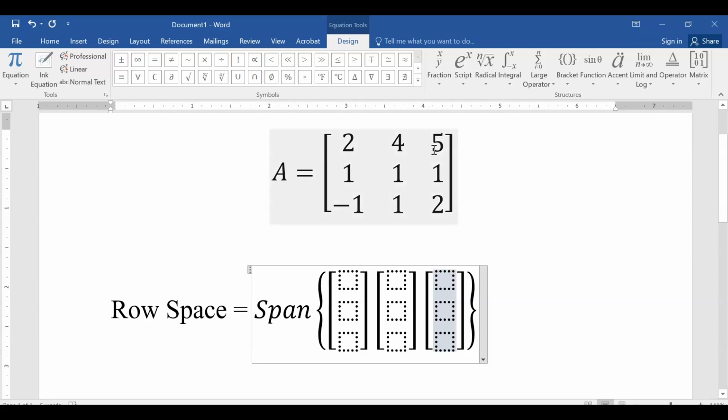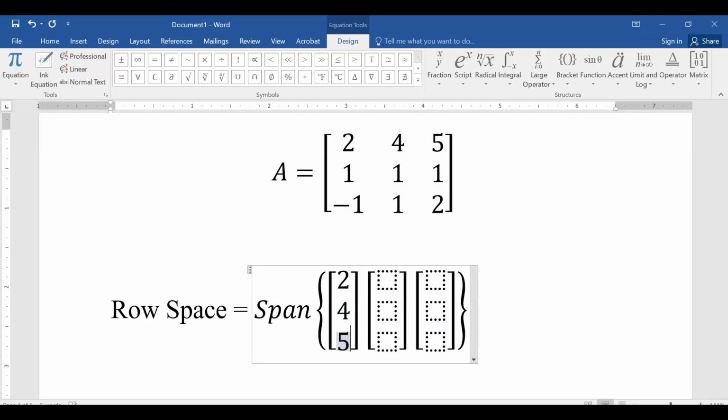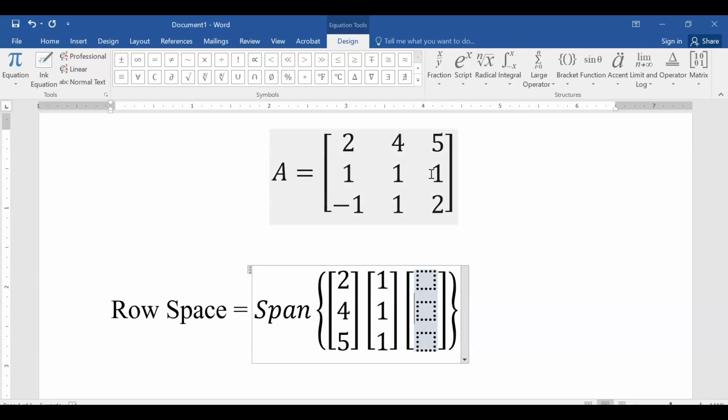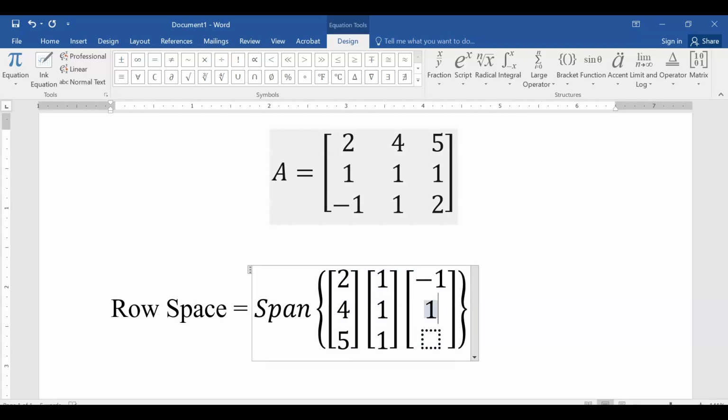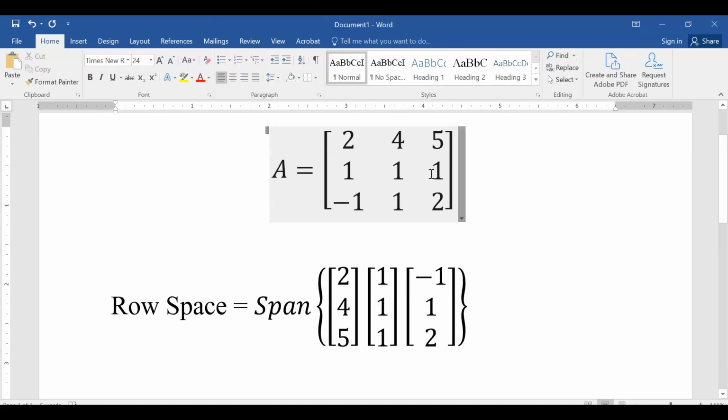So row 1 is going to be 2, 4, 5. Again, you could write that horizontally as well if you'd like. Row 2 is 1, 1, 1. And row 3 is negative 1, 1, 2. Again, that's if I write them vertically. So it's the span of those three vectors.